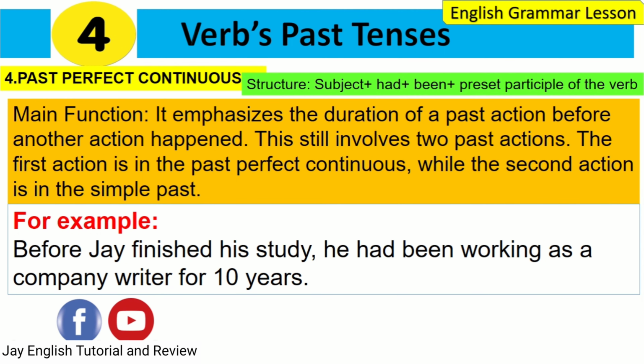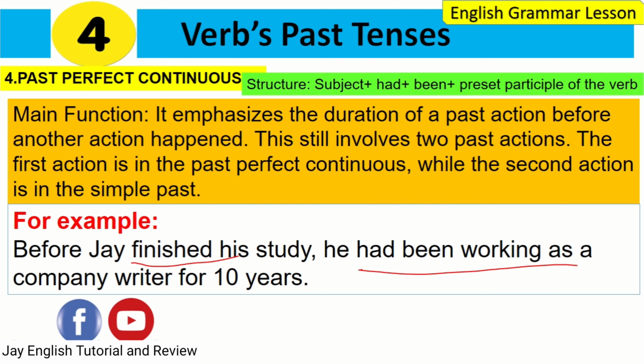Another example. Before Jay finished his study, he had been working as a company writer for 10 years. First, let's find the two past actions here. We have here finished, and the other one is had been working. Okay?